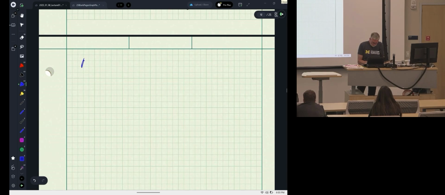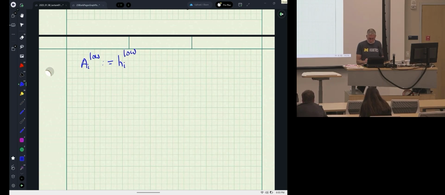So Ai low, simply by definition, is hi low, the height of the rectangle, times delta x. And as we said, that's f of xi times delta x.